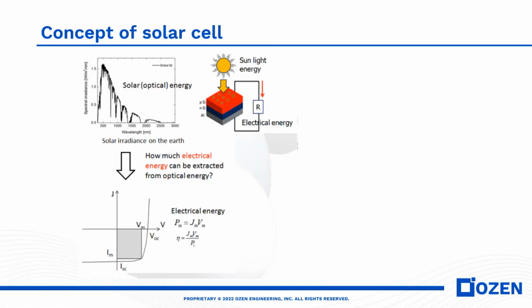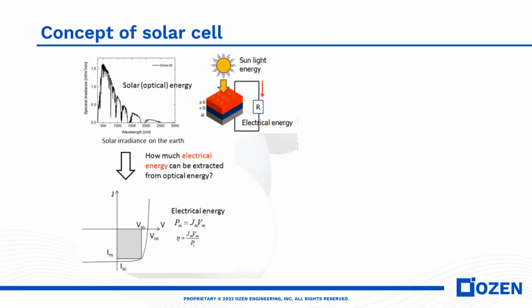So this is the concept of the solar cell. We have a solar spectrum, as you see in this picture. The solar cell absorbs the light from the sun, absorbs the photons, generates electron-hole pairs, and then creates electricity, so power for us.